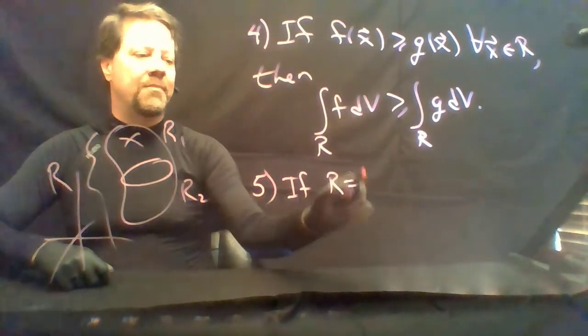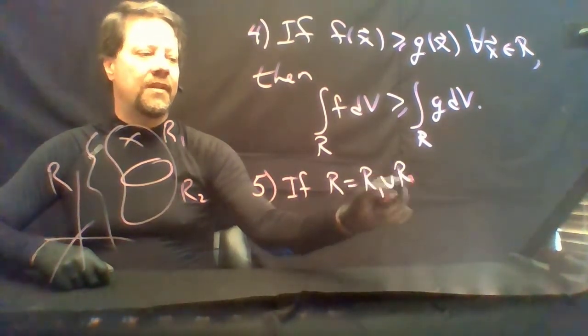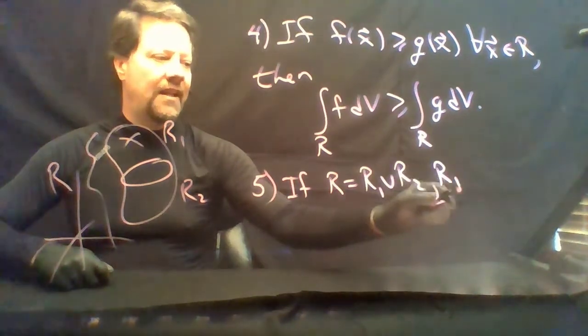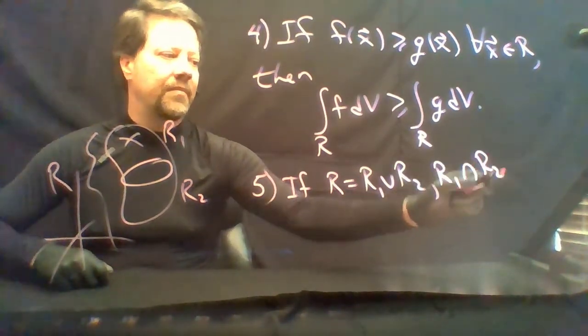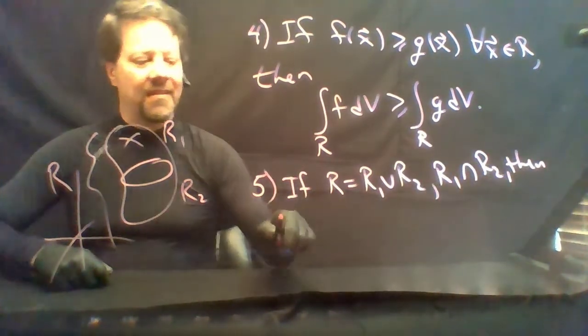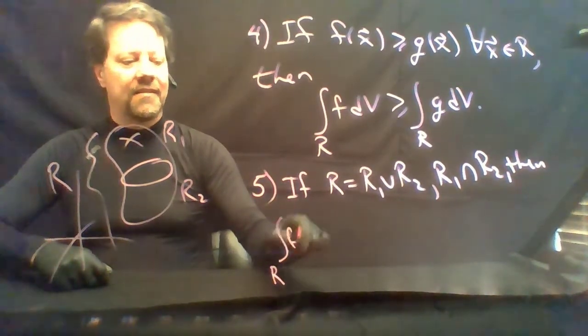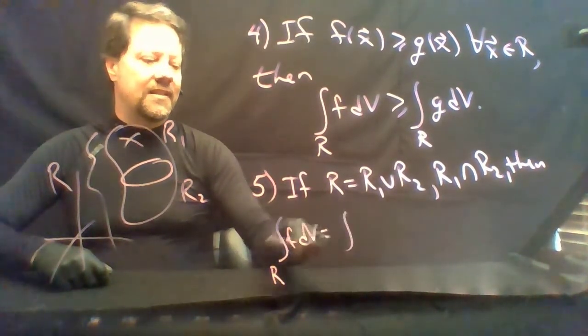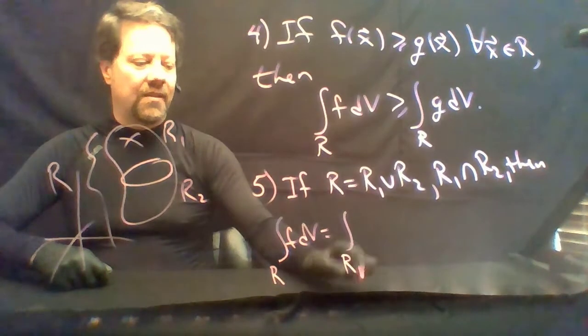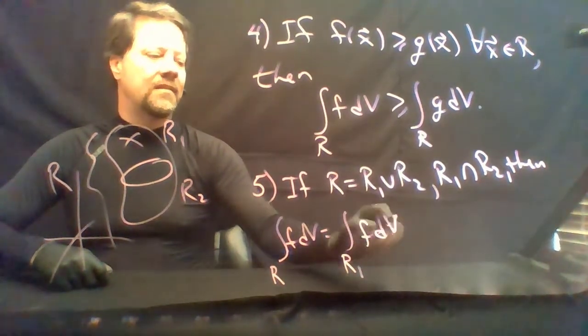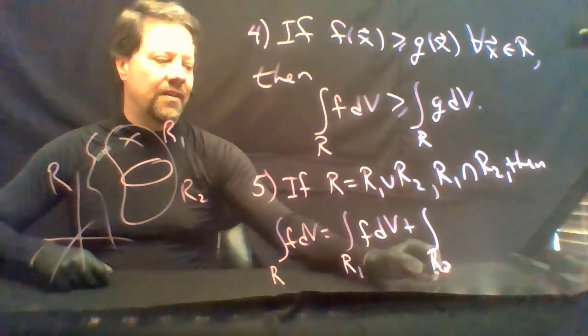If R can be decomposed as the union of two regions that have no overlap, then integrating on R is the same as integrating on R1 plus the integral on R2.